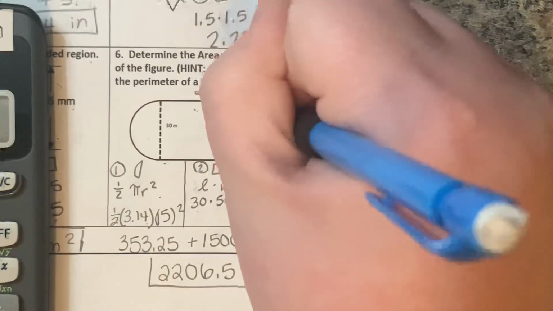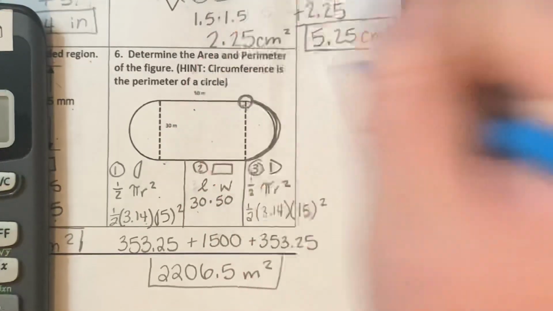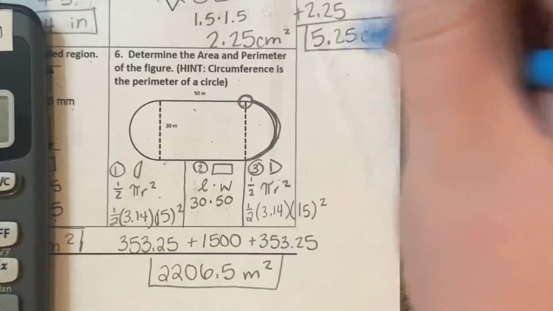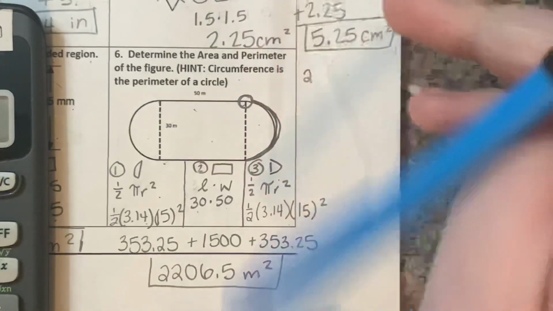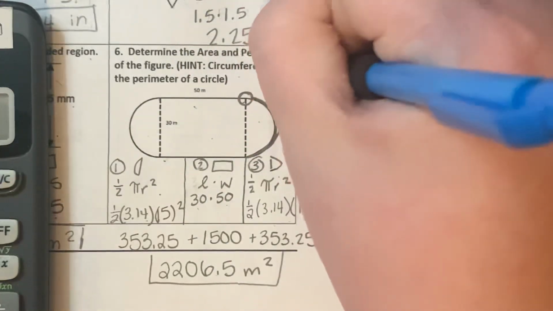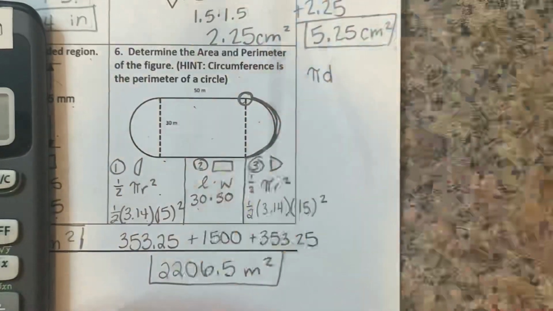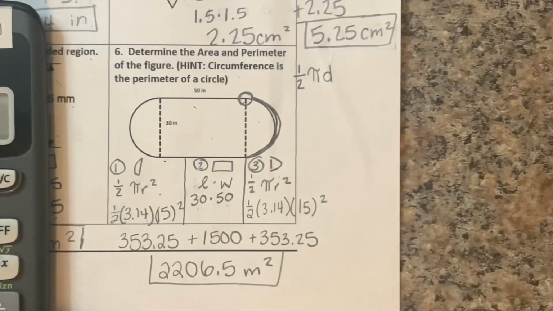So we're going to draw the shape. We've got half of the circumference here. So we got a circumference of a half circle. So let's find that circumference. Our circumference formula is 2. Here, we'll use the diameter formula. That'll make more sense. It's going to be pi times diameter. Remember, it's a half circle, so we're going to add a half in front. 1/2 pi times diameter.